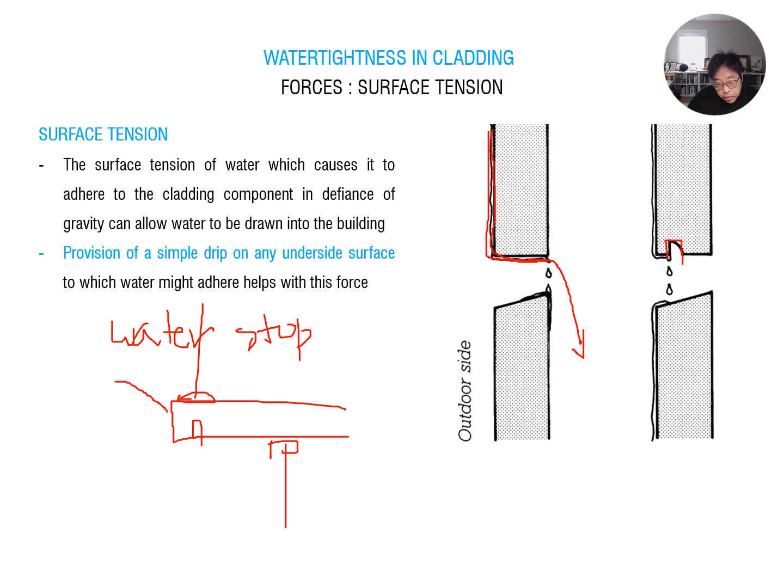When water comes and has tension here, if you don't have any water stop, the water tends to come into your assemblage because of the tension delivering water in. That's why you have to provide this water stop from cladding or any exposed concrete slab.